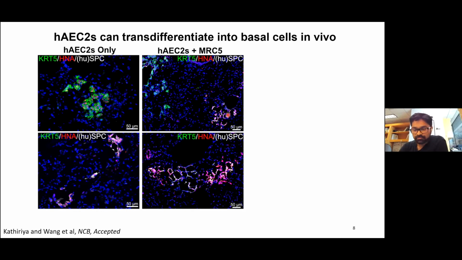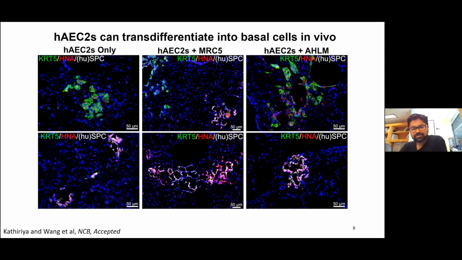Again, we found something similar in the third group, type 2 cells plus AHLM, where there is a bit more appreciable number of these basal cell engrafted regions, and also there were some regions where it was just type 2 cells.